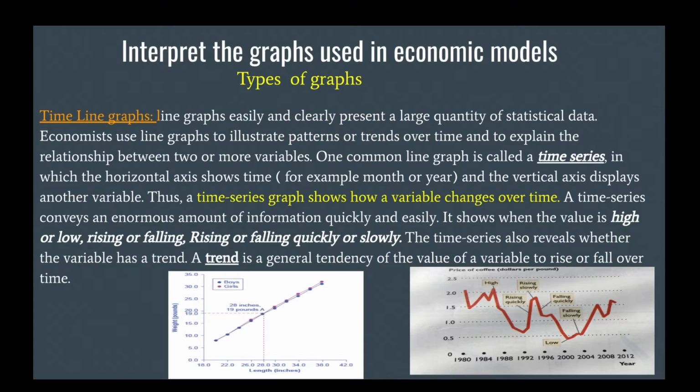On the right hand side, you see a line graph of two variables, weight and length, of boys and girls, and on the left hand side you see a time series graph in which the year is measured on the x-axis and the price of coffee is measured on the y-axis. You can also see the different trends of high, low, rising quickly, rising slowly, falling quickly, and falling slowly on the graph.